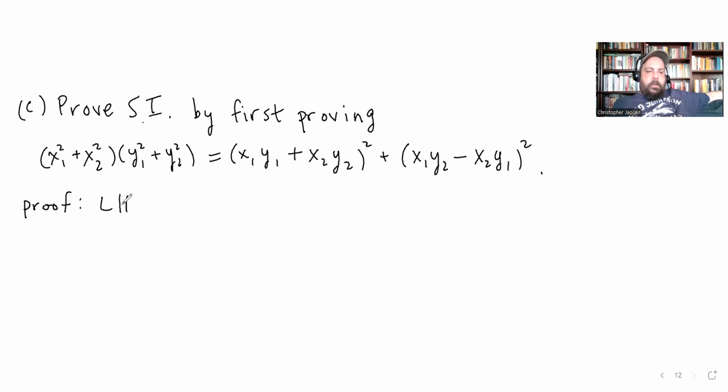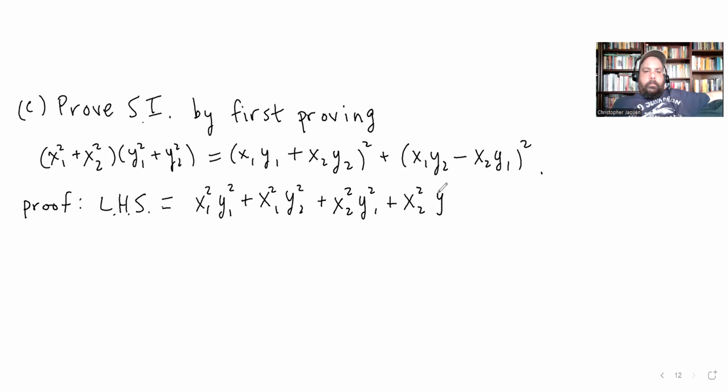So the left-hand side, when you multiply it out, gives you x1 squared y1 squared.